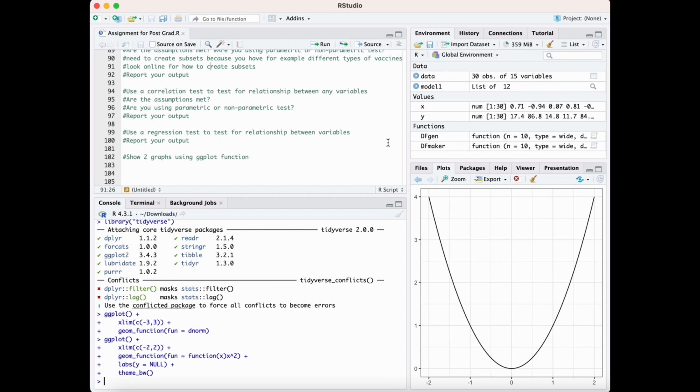So these are two graphs shown using a ggplot function.